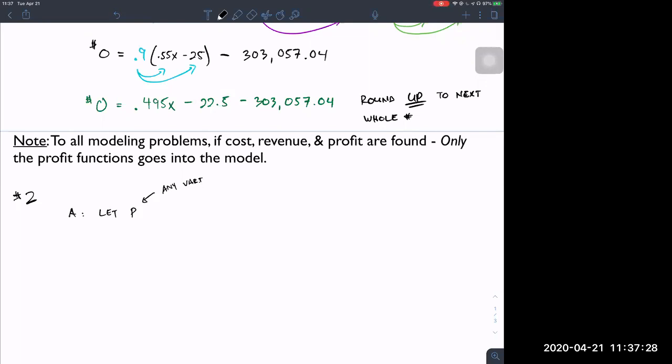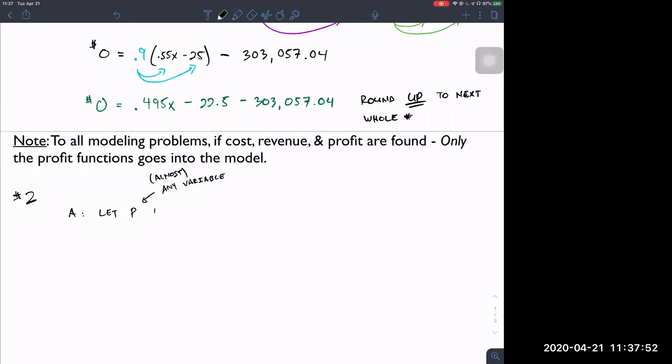Well, you know what? Let me rephrase that. I'm going to put the word almost here. Almost any variable. Because if you read the other questions, part B, C, and D, you can't use R because you have monthly deposits there. Same with C. And then D, you have another variable and you don't want to use the same variable twice. So that's why I'm going to say almost any variable.